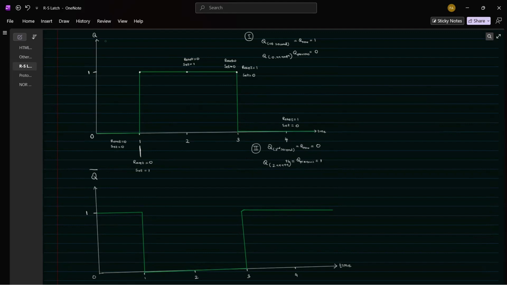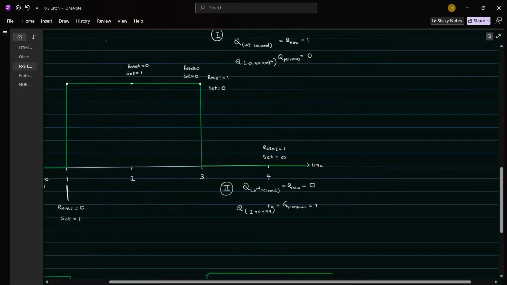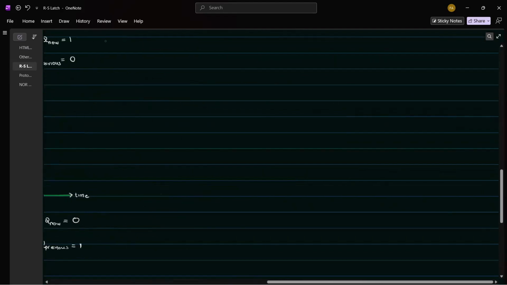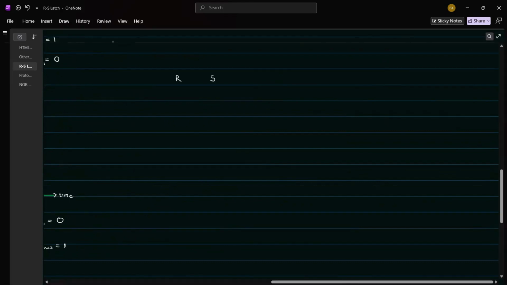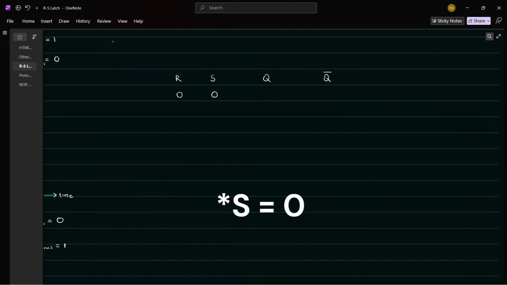Hereafter, you can come up with the truth table. Why? We know how it's going to work. So we have R, we have S, and then we have Q, and then we have Q bar. When R is equal to 0 and S is equal to 0, Q will be following what it was in the previous moment.